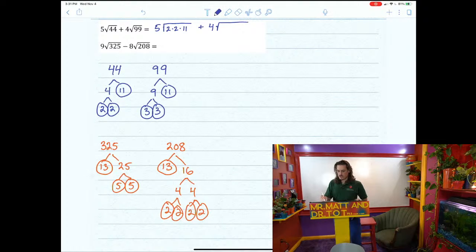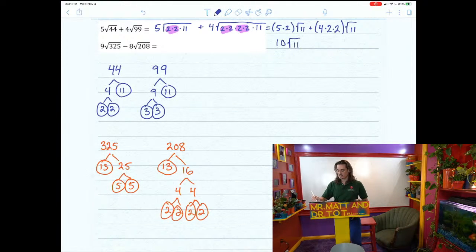Remember that for each pair, you can bring 1 outside. So this is going to turn into 5 times 2 times the square root of 11 plus 4 times 3 times the square root of 11. 5 times 2 is 10, so this is going to turn into 10 root 11. 4 times 3 is 12, so this is going to turn into 12 root 11.